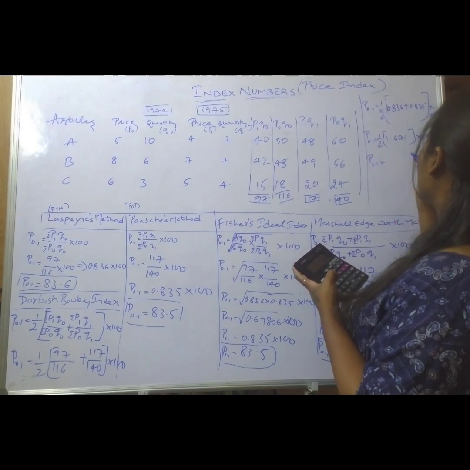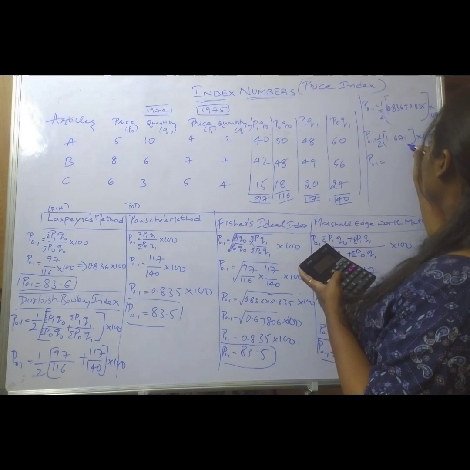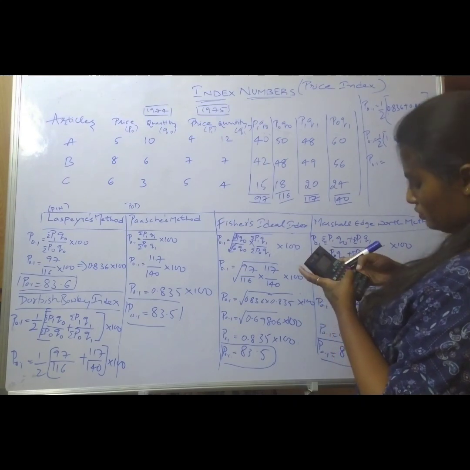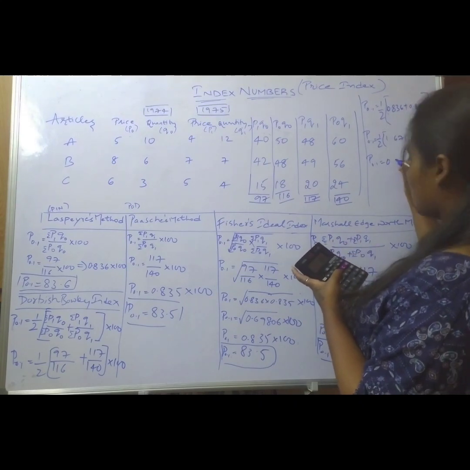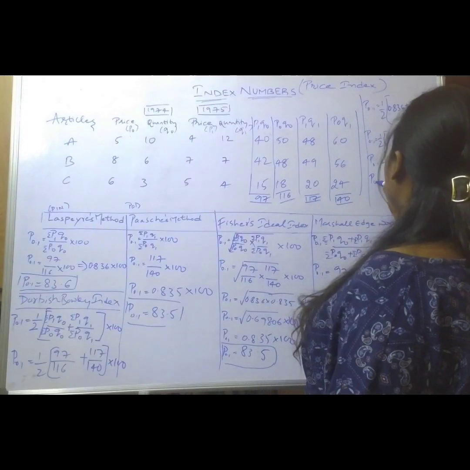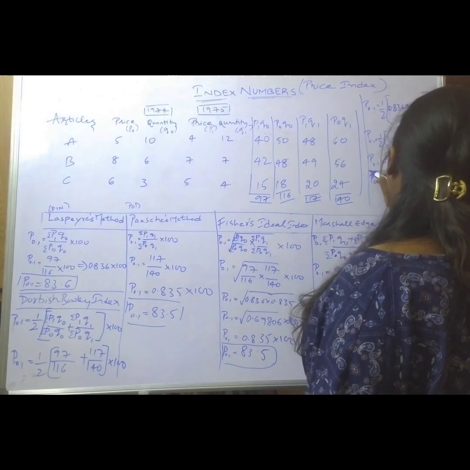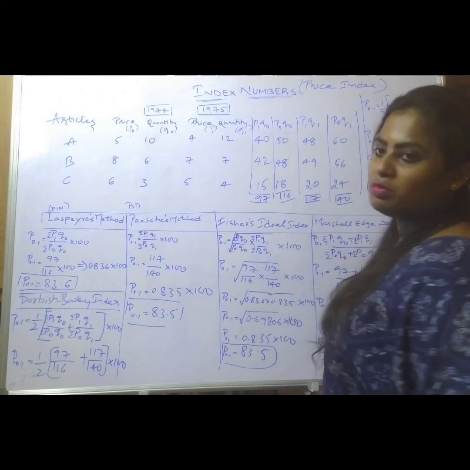So P01 is equal to 1.671 divided by 2, that's 0.8355 into 100. So now we'll get the final answer. P01 is equal to 83.55. This will be our final answer.